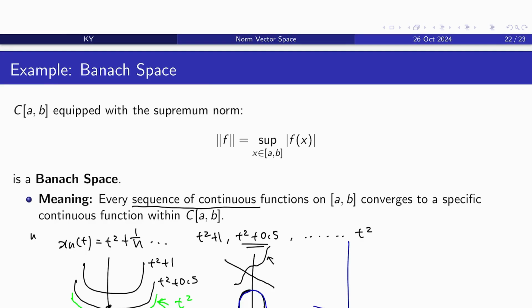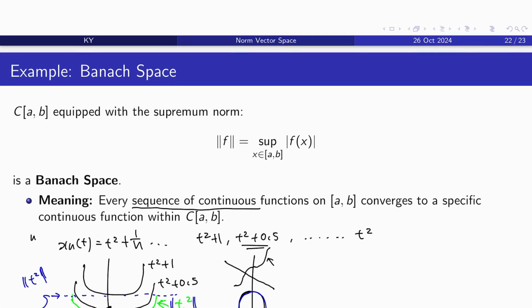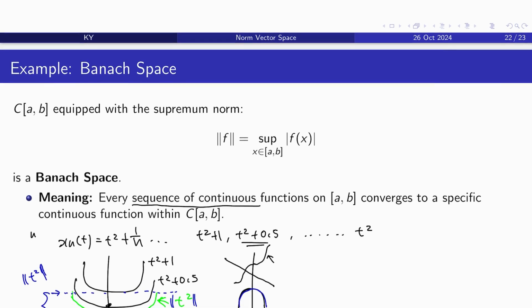For example, take this function. With the supremum, you're just trying to measure the height of the function. If its maximum height or maximum range is this point, then the norm is going to be this value right here.